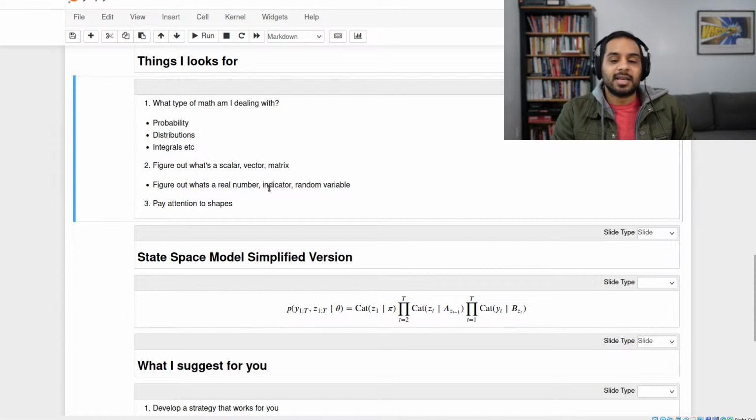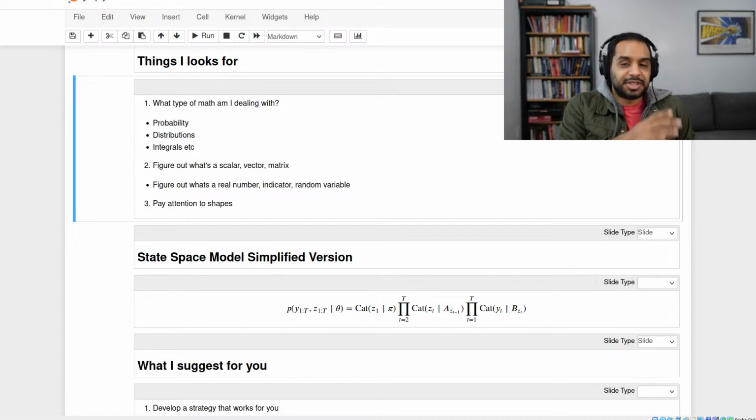Is it a matrix? That changes the computation and the meaning a lot. There's a whole bunch of other subclasses of this, whether it's an integer, a real number, Boolean, indicator, whatever. And then I'm just going to keep saying shapes, because shape problems are a thing that happens in computation all the time. And so knowing the shape of things is essentially knowing point two.